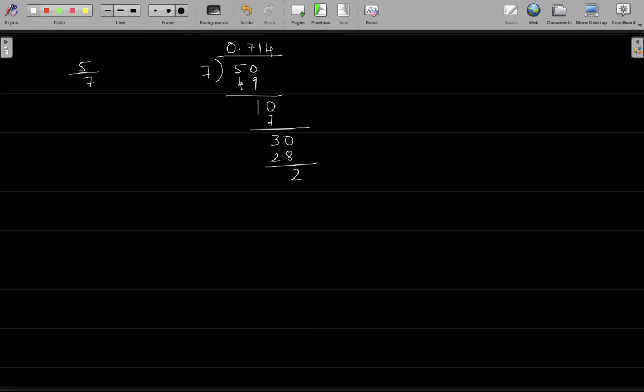You get 2. 7 twos is 14. 20 minus 14 is 6. 7 eights are 56. You get a 4. 7 fives 35, and you get a 5 again.